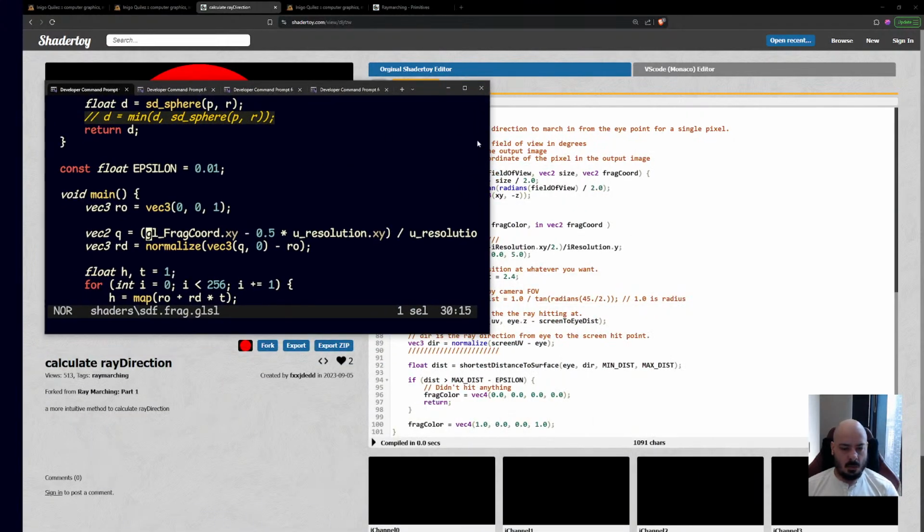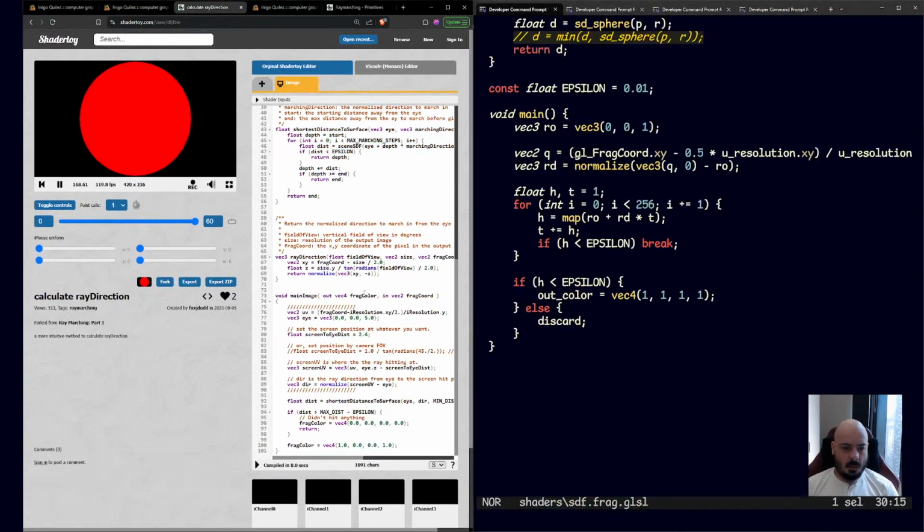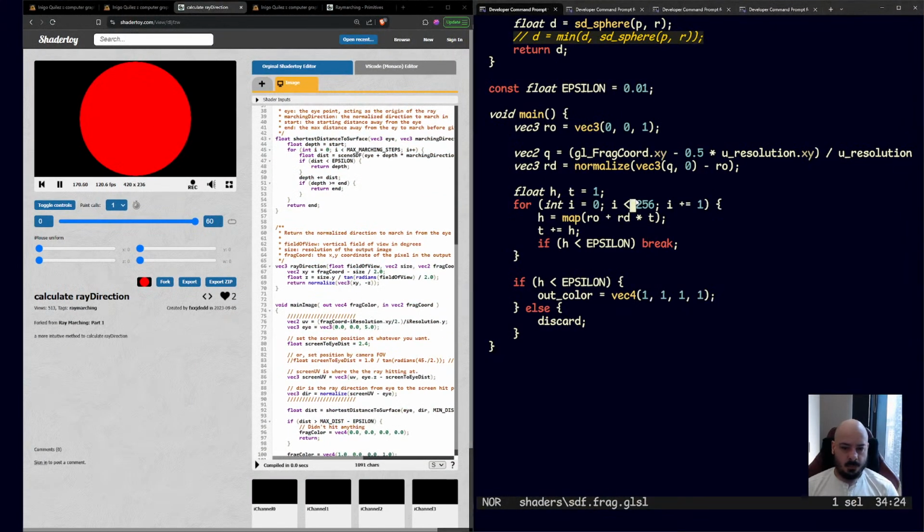Let's see. So, oh damn it. So we've got this Q, which, as I said before, I thought was to do with the UVs. And I think it is. So this ray origin, screen to eye distance.